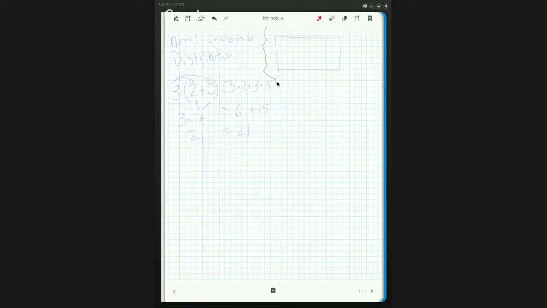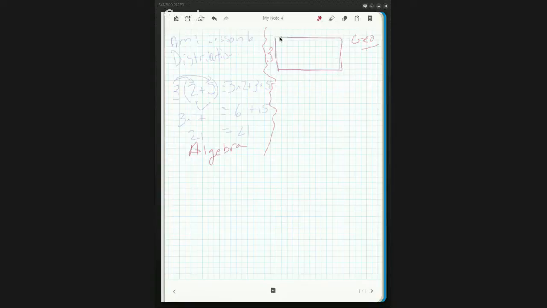So let's just look over here. We're going to make a line here, and this is the algebra world, and over here we have the geometry world. So let's look at a rectangle, and in this rectangle there's a side that has a width. We're going to call it a width of 3. So that's going to be this side here.